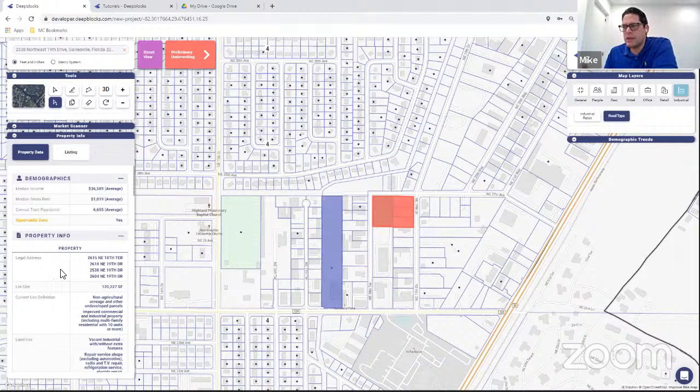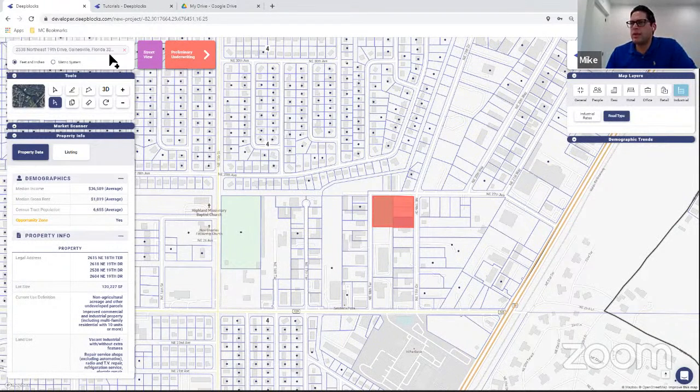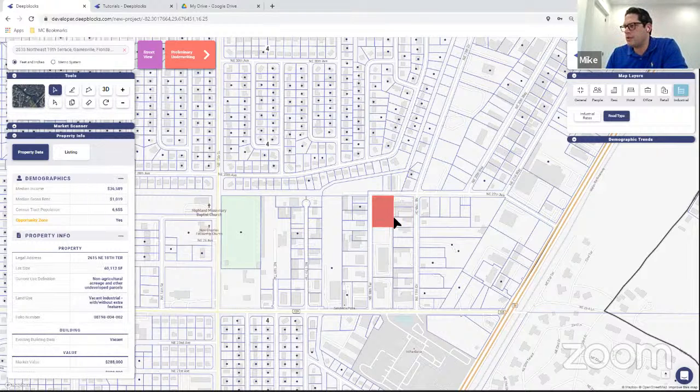So there's always that flexibility with Deepblocks. We also have the ability to draw parcels within this larger parcel to then evaluate. You can do subdivides, or you can break it up however you see fit. But because right now we're just doing an industrial play, I'm going to stick to the one particular parcel that I'm interested in and that we narrowed down based on our search.